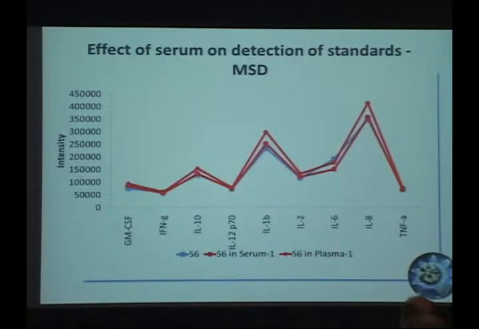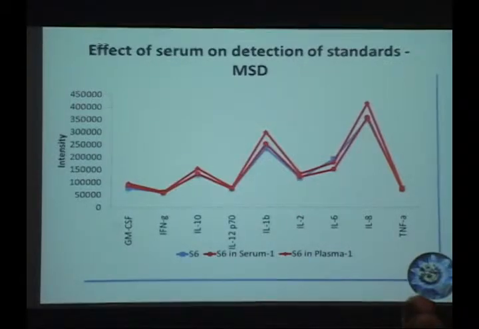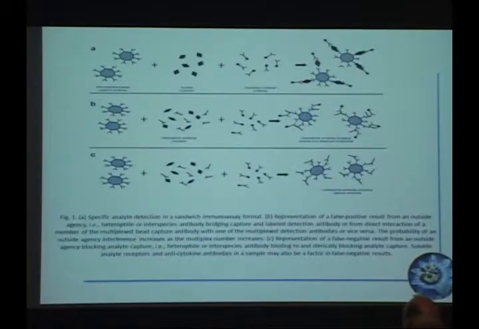So that may explain some of this effect that is not seen in the mesoscale platform. Where does it come from? Well, it's a mixture of inhibitory antibodies or soluble receptors, heterophile proteins that may interact and disturb and prevent us from detecting the true amount that's in the serum.